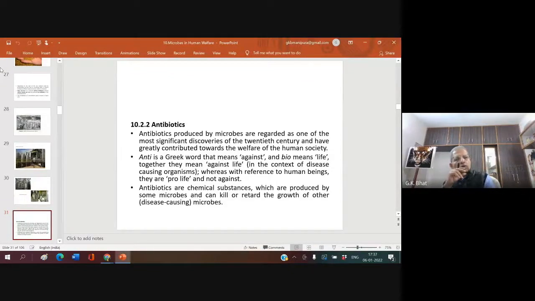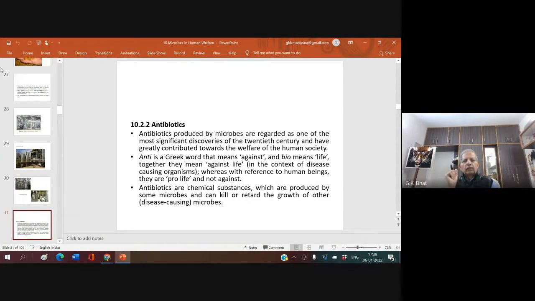Now let us look into the microbes which are used in the production of antibiotics. Antibiotics produced by microbes are regarded as one of the most significant discoveries of the 20th century and have greatly contributed towards the welfare of human society.